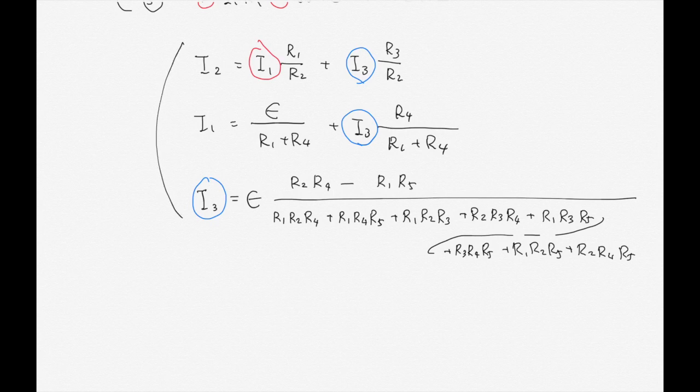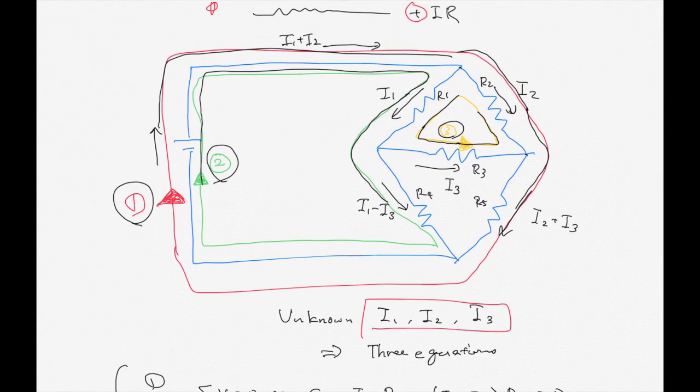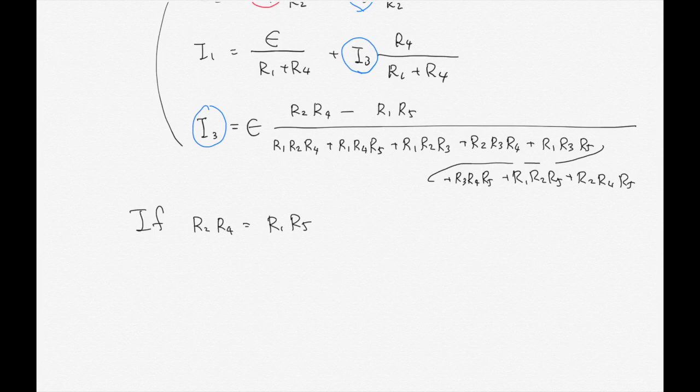So we have the answers, and in this case we have a really interesting conclusion. If the four resistors have the relation that the product of R sub 1 and R sub 5 is equal to the product of R sub 2 and R sub 4, then the current I sub 3 becomes 0.